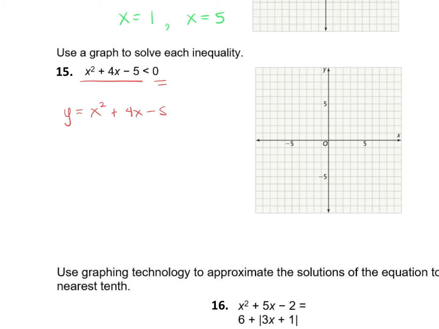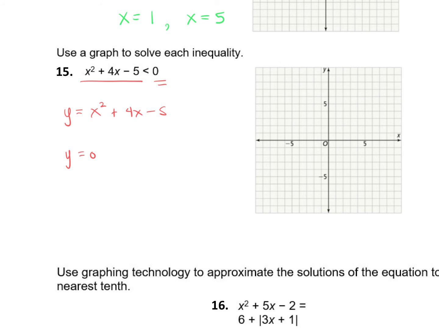We're going to graph the right side, y equals 0, and we're going to see when is this function less than this function. Last chapter, we didn't do much at all with quadratic functions that have this 4x in the middle. So my advice to you was to graph it on your graphing calculator real quick so you can identify the vertex.